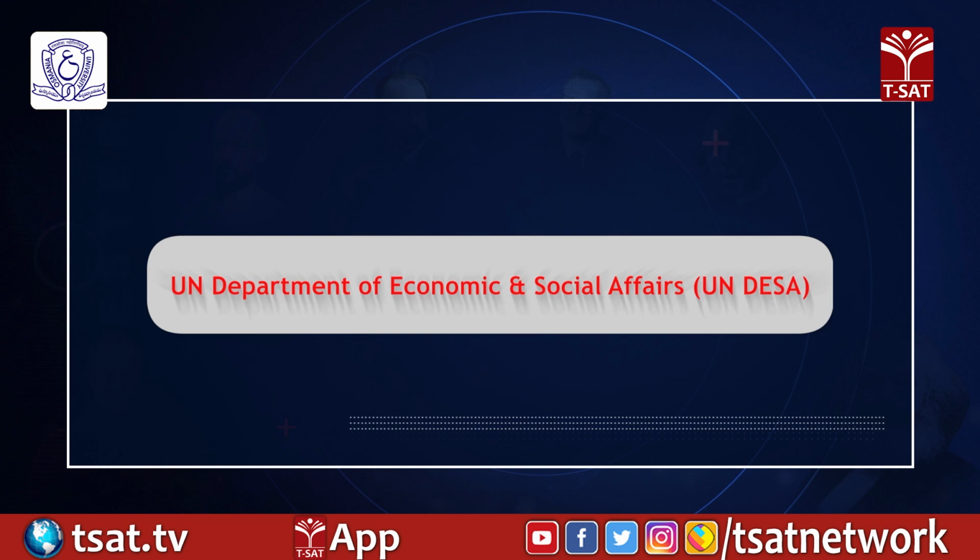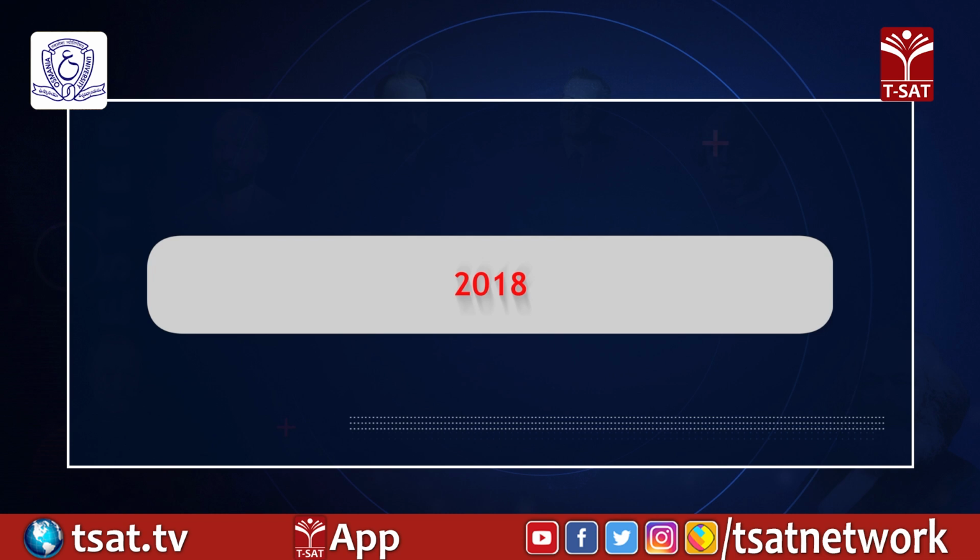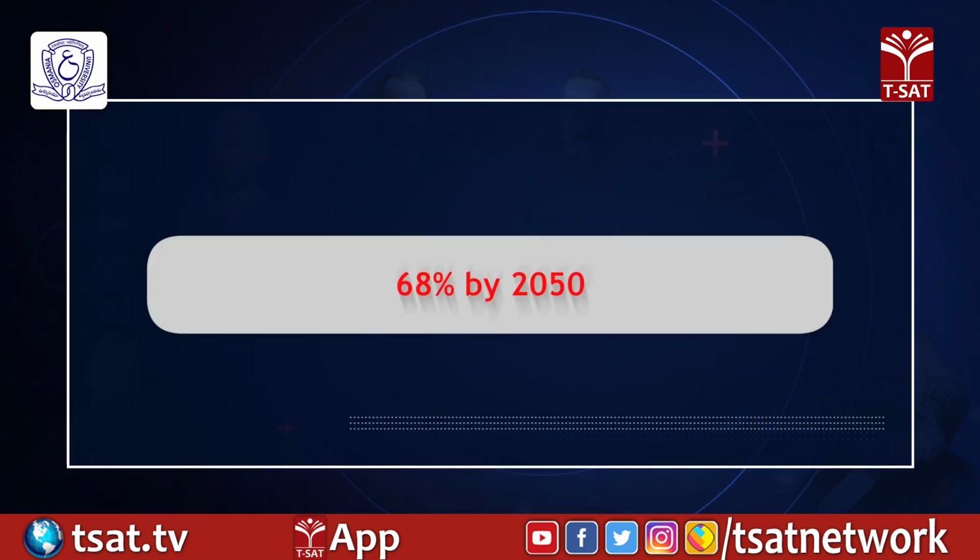According to the UN Department of Economic and Social Affairs report of 2018, 55% of the world's population lives in urban areas, a proportion that is expected to increase to 68% by 2050.